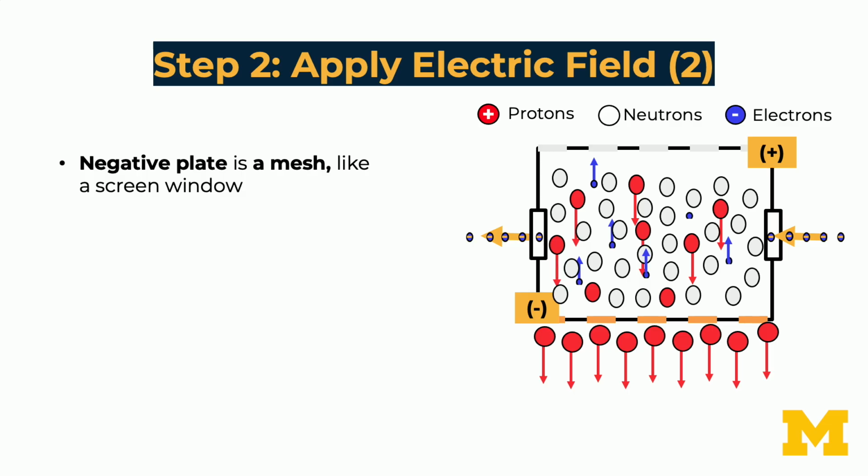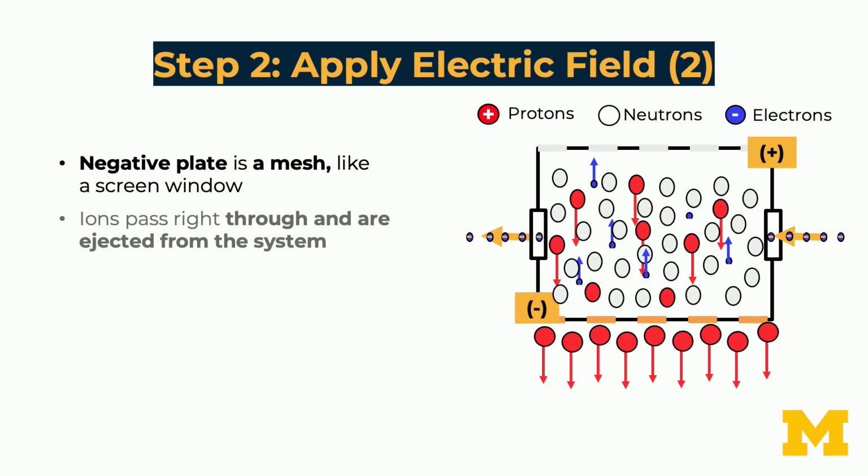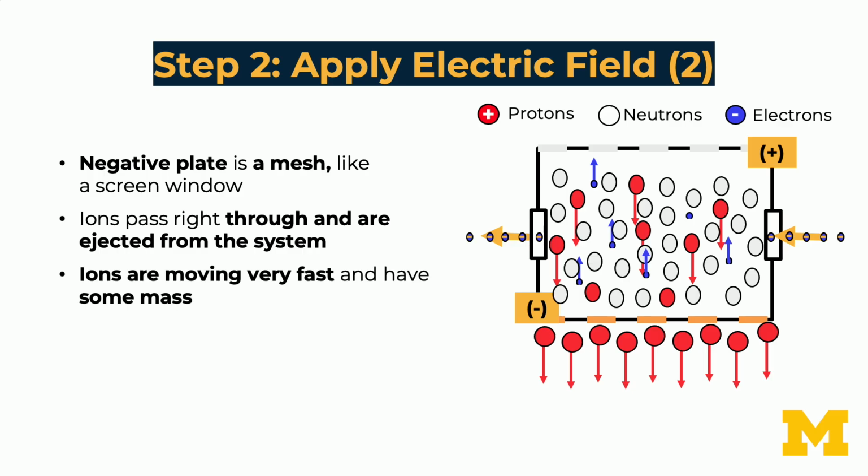The mesh is negatively charged, and the ions move towards it, and as they get closer and closer, they go faster and faster, and then they pass right through that mesh. They're accelerated to very fast speeds. Those ions are moving very fast, and they have some mass because the ions are actually like atoms.